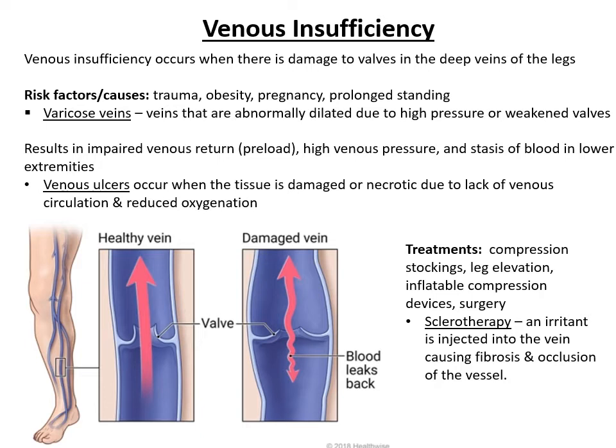Getting up every hour to hour and a half reduces that risk, because when you get up and walk, all the muscles around the veins contract, and they are what actually cause the flow of blood within the veins.